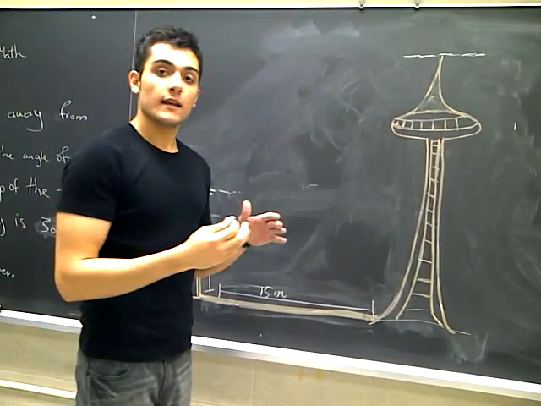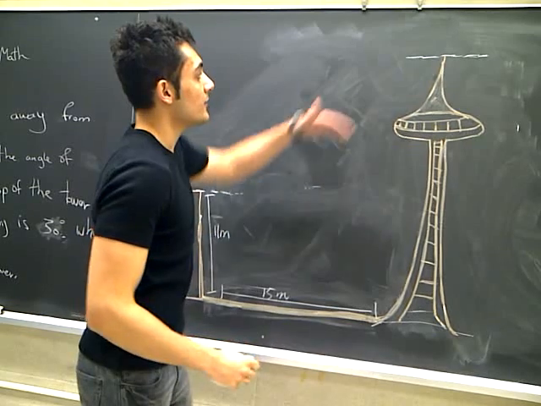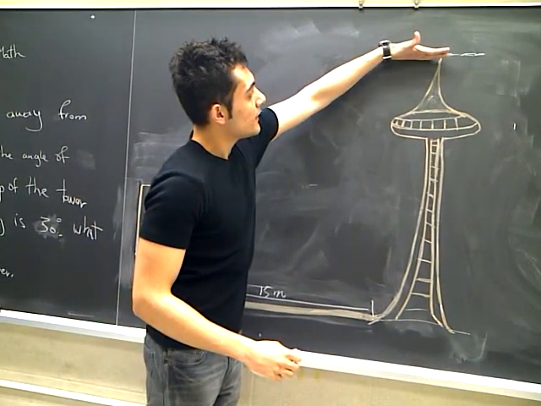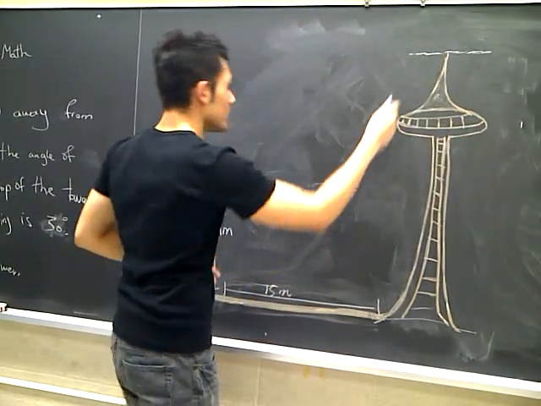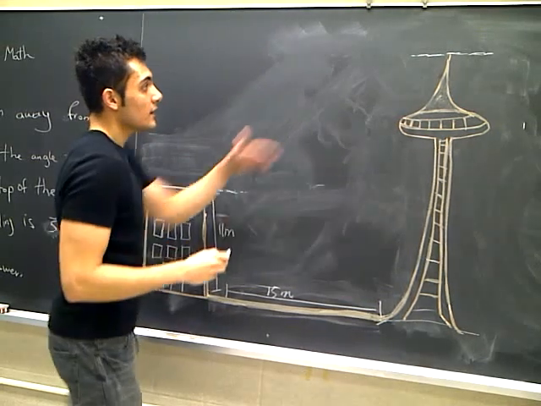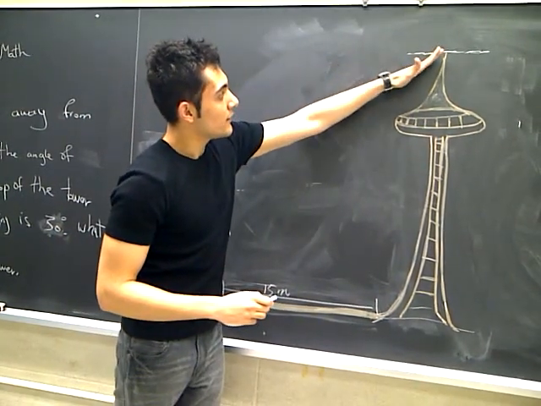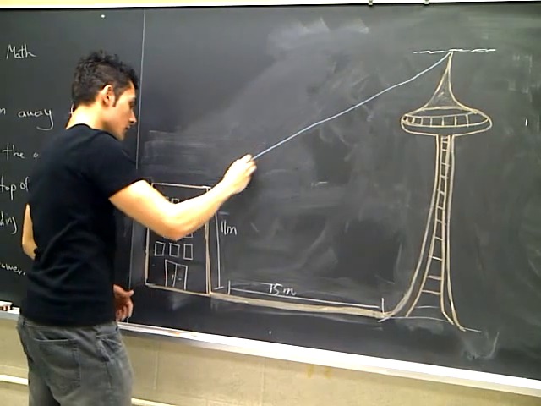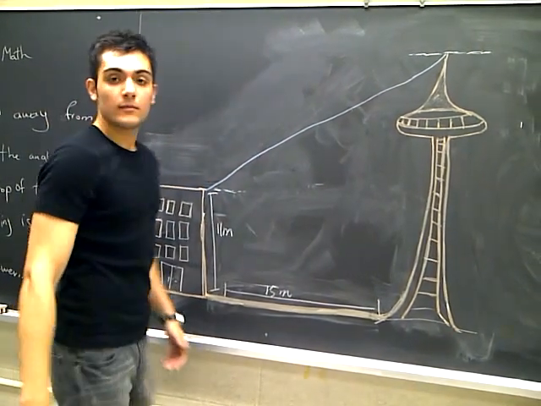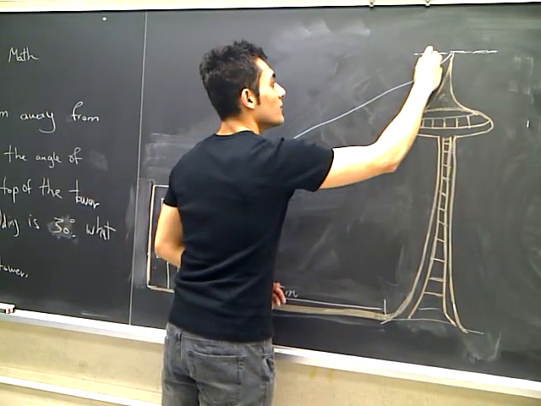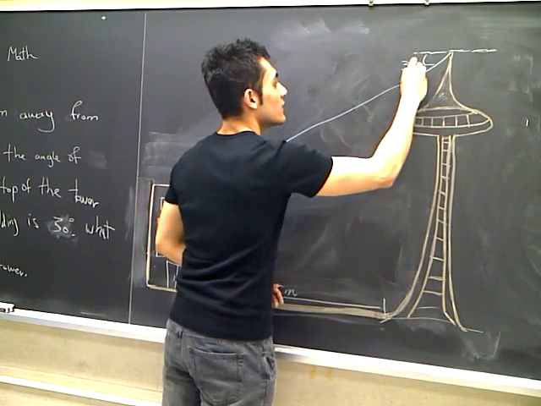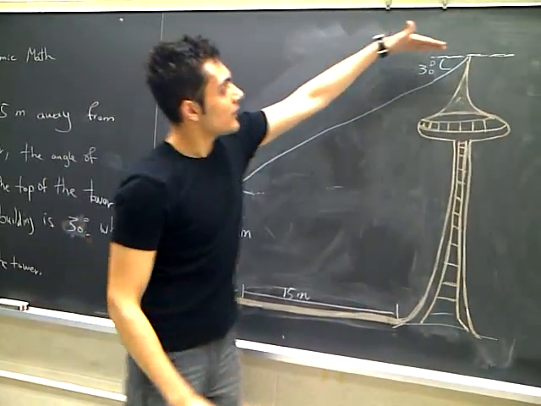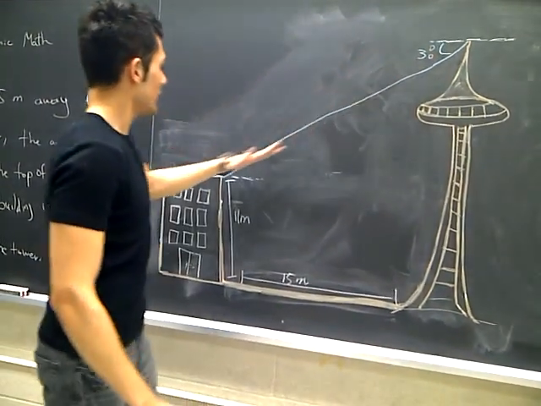When they tell you angle of depression, that means from the parallel line, there's a line going from the top of the tower to the top of the building, at 30 degrees. I know it's not a straight line, but it'll have to do. So this angle is 30 degrees, the angle of depression.